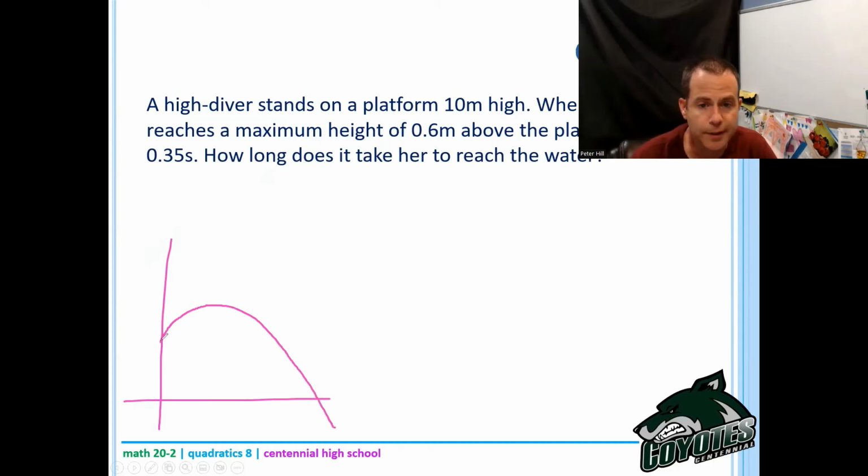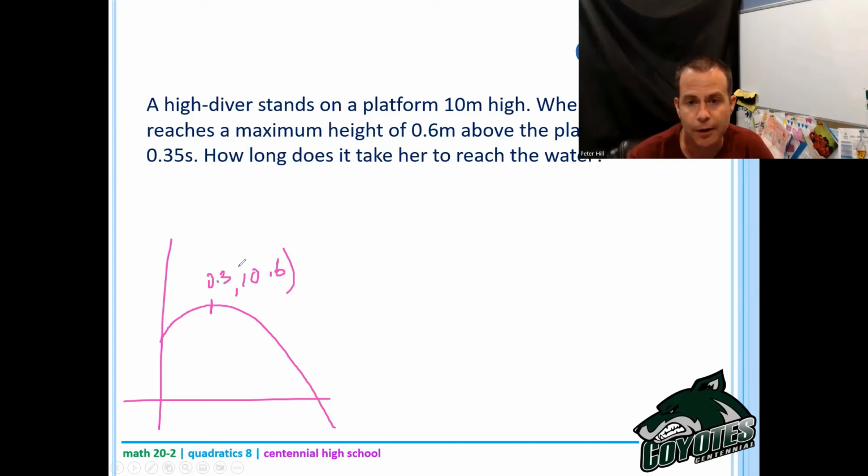I know this point is 10. I know this is my maximum, and my maximum will be 0.6 above the platform, so that should be 10.6 up there. That would be my Y value, right? And then my X value, well, it took 0.35 seconds to do that, so I'll have 0.35 there.